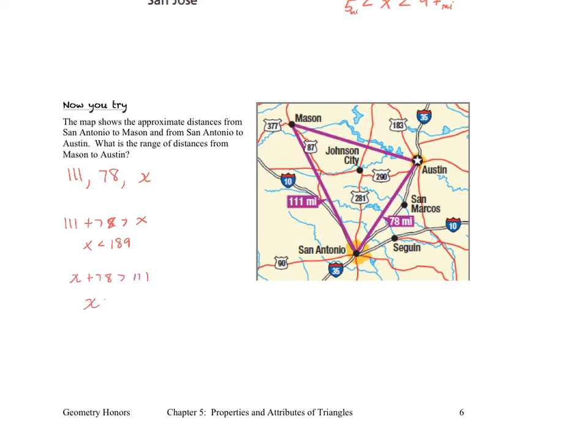So subtract 78 from both sides. You get x is greater than 33. And for our last one, you can do x plus 111 is greater than 78. And that's going to result in a negative. So you can't use that one. So it's 33 is less than x, which is less than 189. And put in your miles. And you're good.